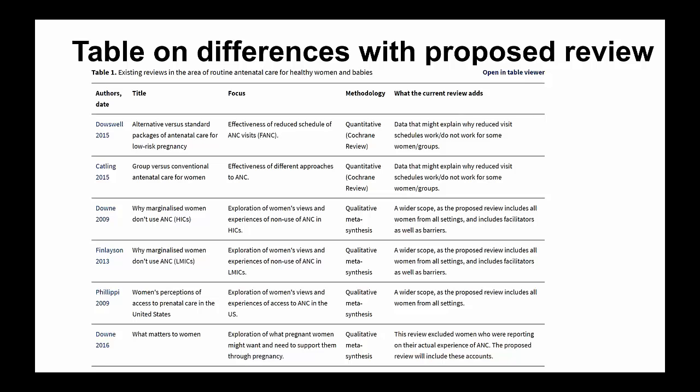Here was their focus, here were their methods, and here's what our review adds to the literature. I find this very helpful as a reader to see how it relates. And of course, like all humans, I like to skip to the pictures. So this table sums things up.